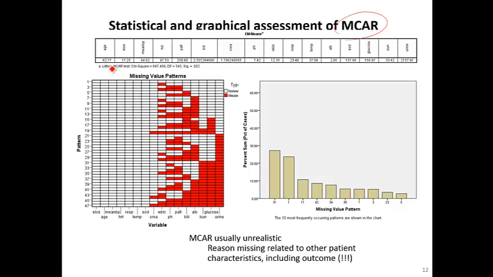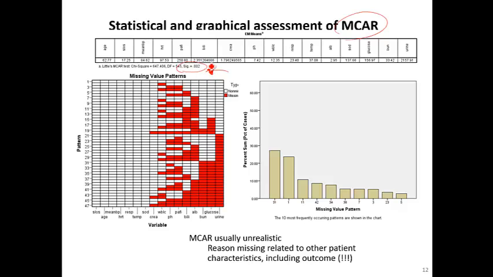There is a test called Little's MCAR test, and if the p-value is less than 0.05, that indicates MCAR does not hold; the missing are not completely at random. But if the p-value is large, that might indicate missing completely at random. In many data sets you may see a small p-value here because in reality, missing usually occurs not at random.